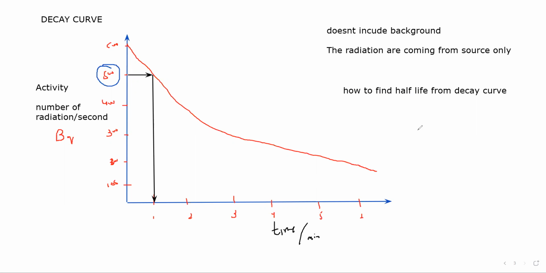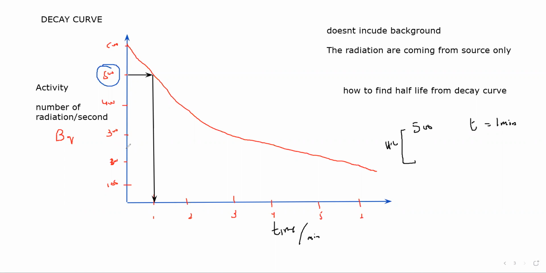For example, when the radiations were 500, the time was 1 minute. What is half of 500 after one half-life? How many radiations will come out from the source? After one half-life, 250 radiations will come out from the source.